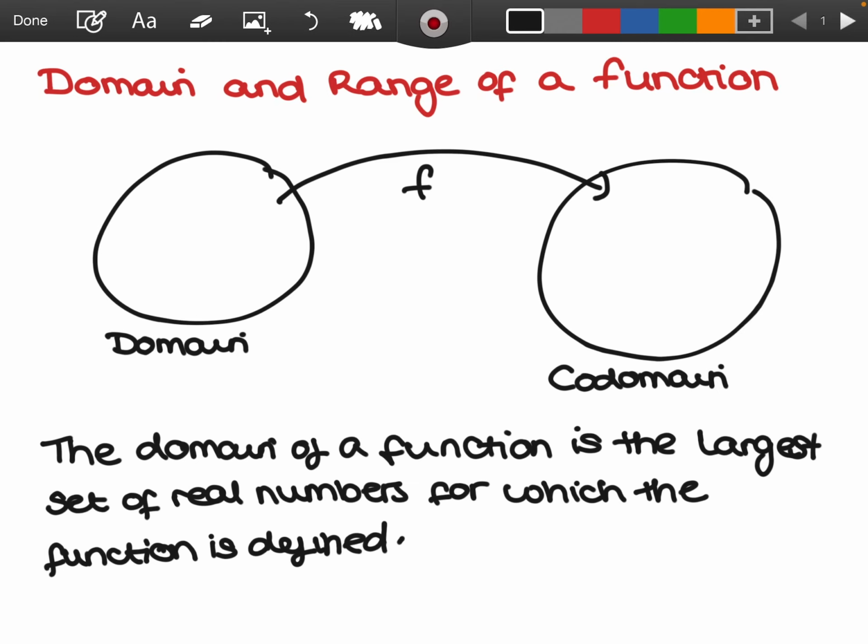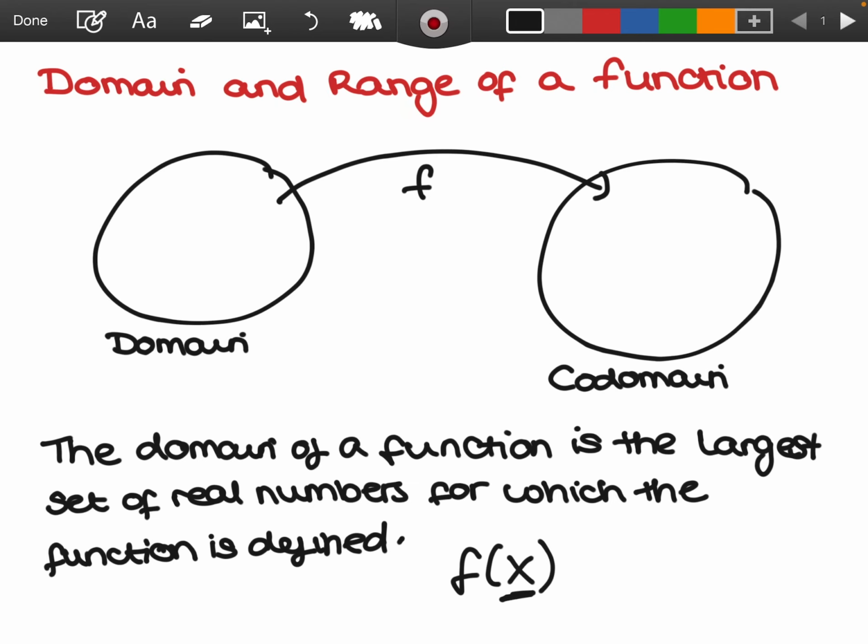What this means is that if we were to take all real numbers, there may be some set of real numbers for which our function is not defined. If f of x is our function in function notation, there may be certain x values, certain real numbers, that f cannot map to another set.